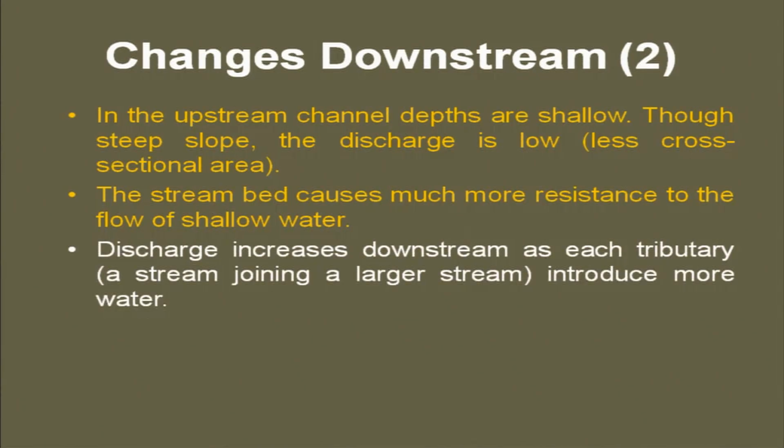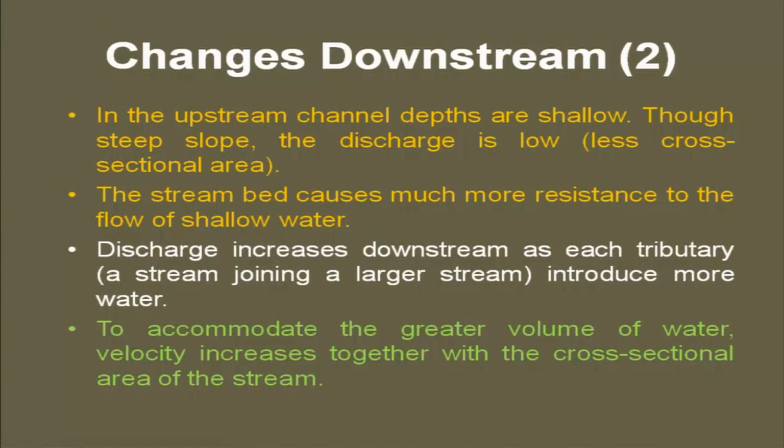Discharge increases downstream as tributaries, that is smaller streams, join the larger streams and introduce more water, and of course along with that you will have the bed load also. To accommodate the greater volume of water, velocity increases together with the cross sectional area of the stream. This is what you see in the downstream.